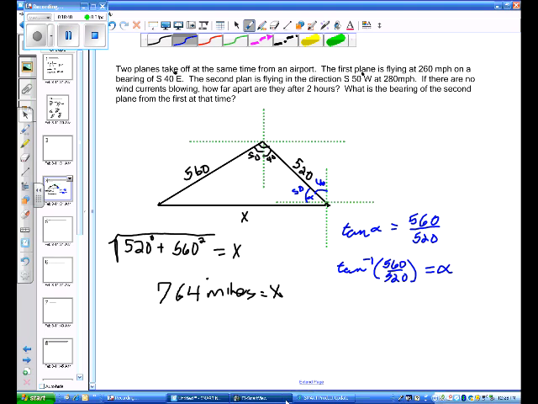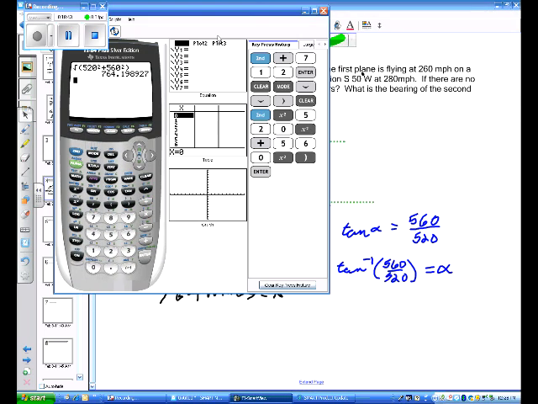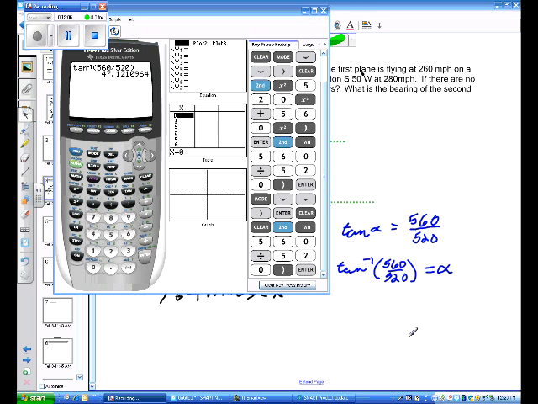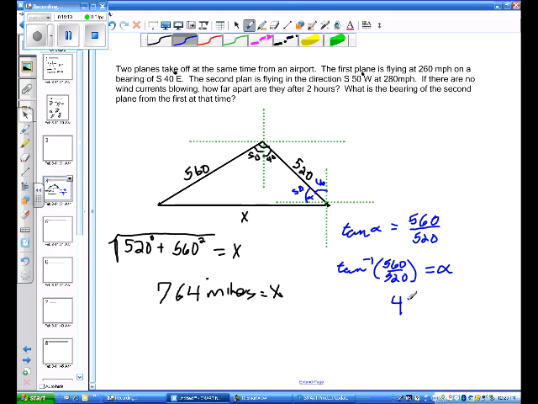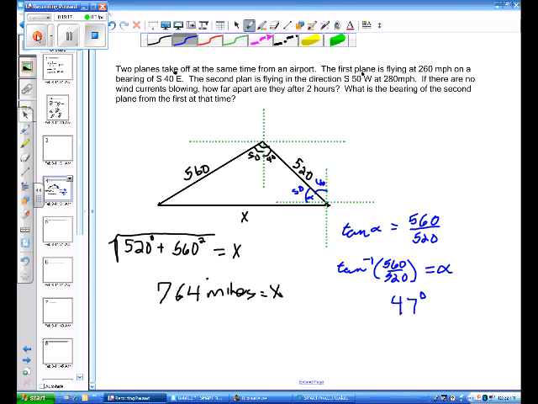Okay, let's look at our calculator. We'll say second tangent of 560 divided by 520, okay, that equals 47 degrees. Now, okay, I made an assumption up here that was incorrect.